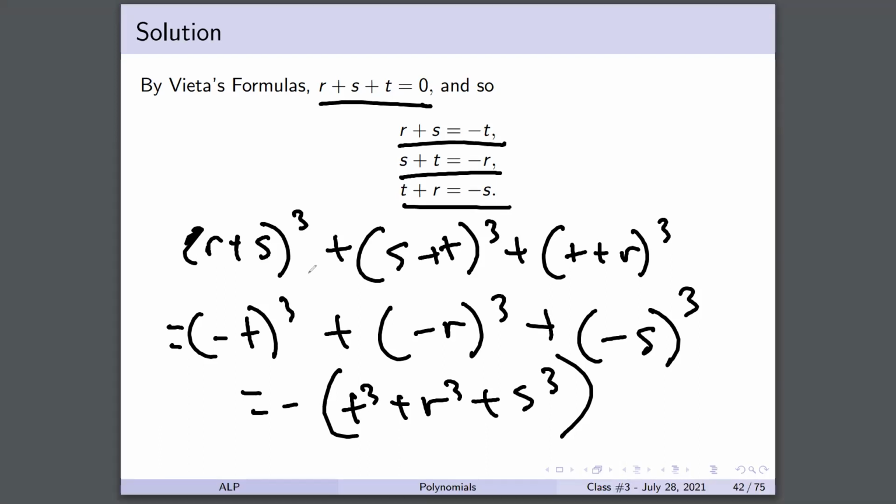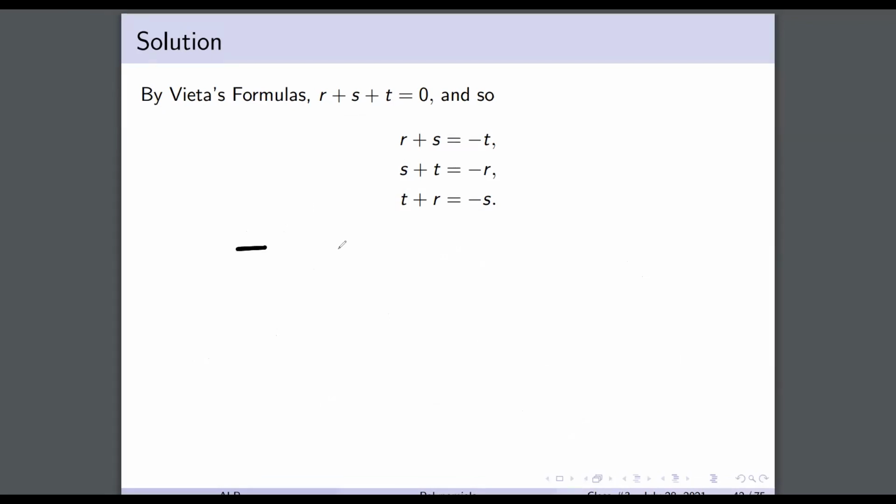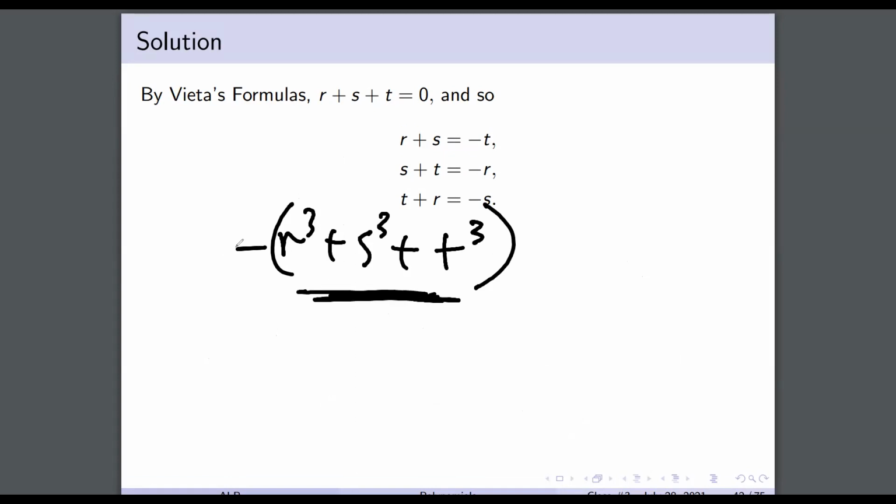So we can clear our drawings. Now that we've simplified it to negative r cubed plus s cubed plus t cubed, now we remember this actually. We just need to find what this is, and then we can find the negative of it.